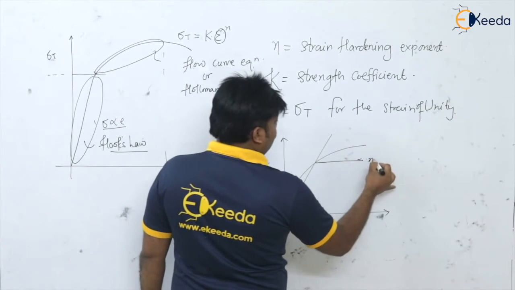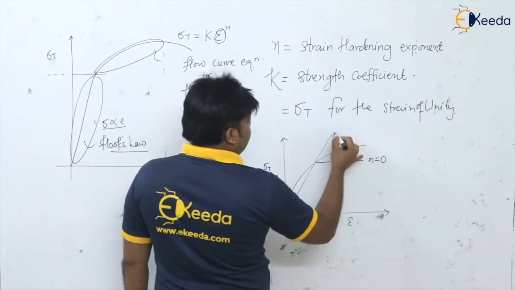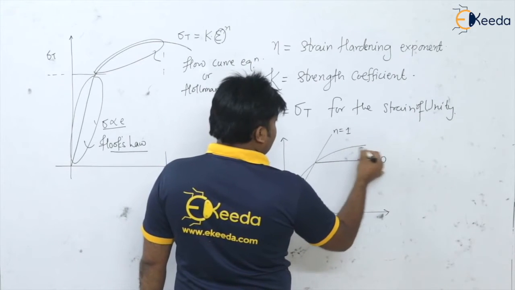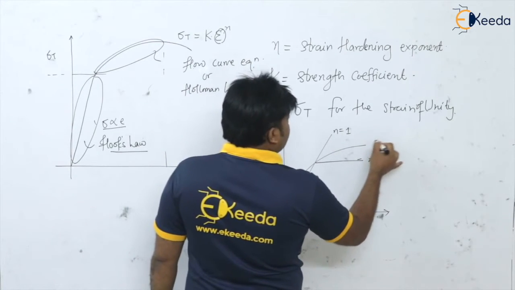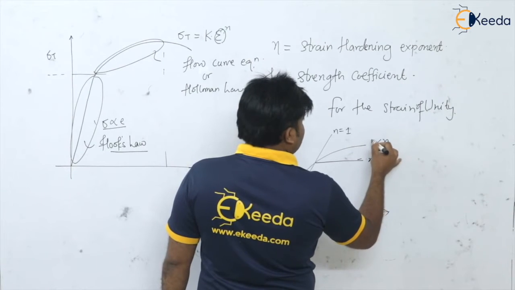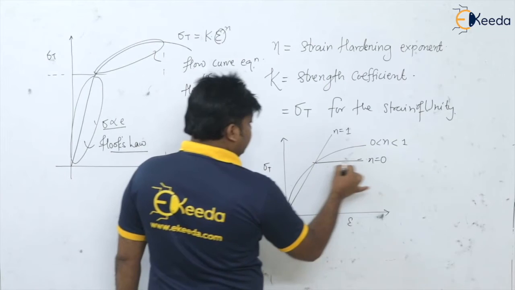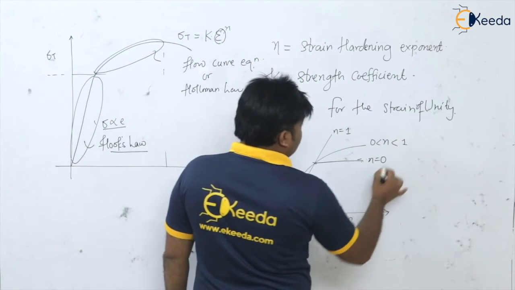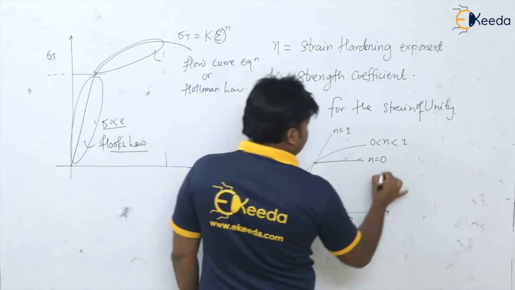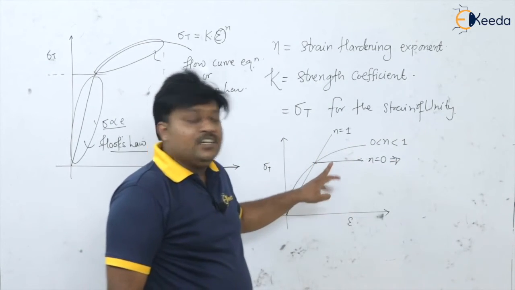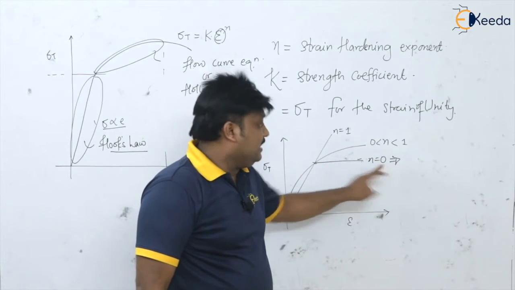This is n equal to 1. And for this curve, n is greater than 0 and less than 1. So when the n value is 0, whenever the strain hardening exponent is 0, these materials will be ideally rigid plastic materials.